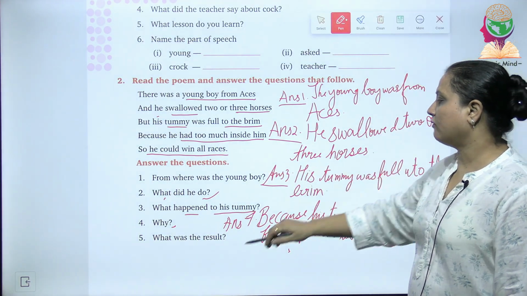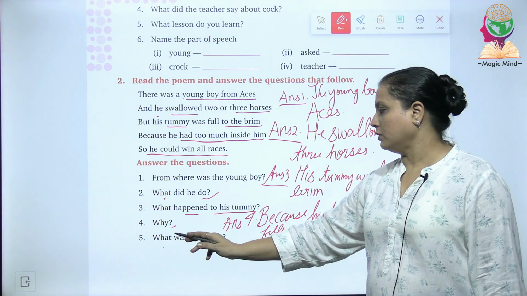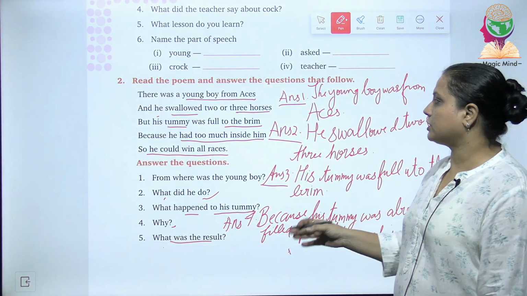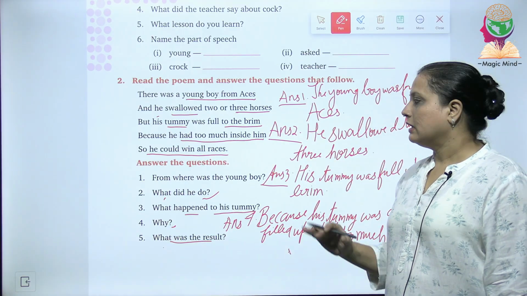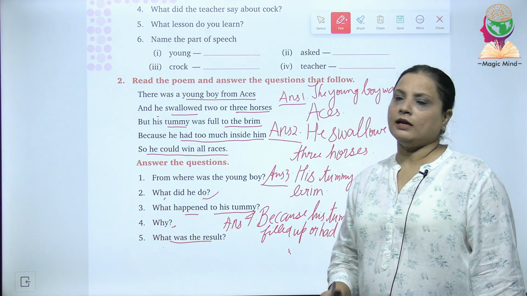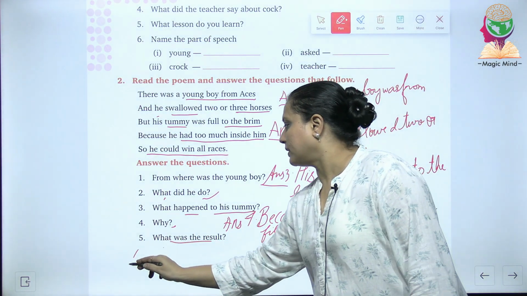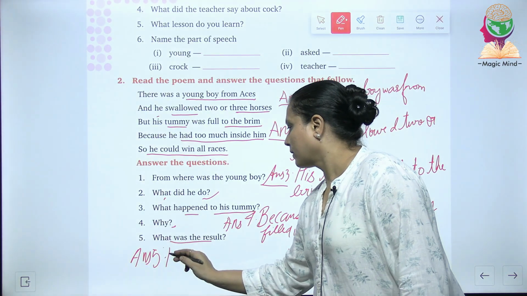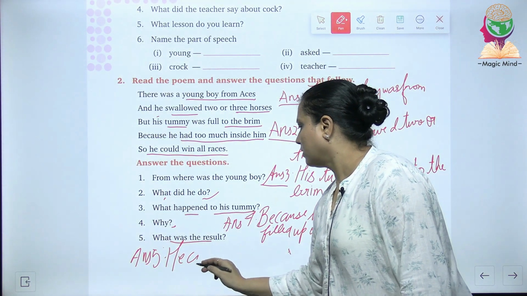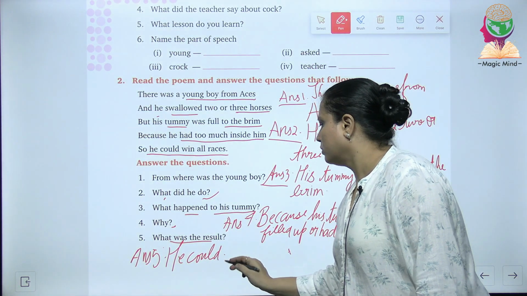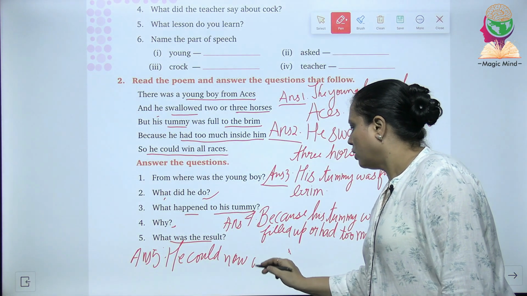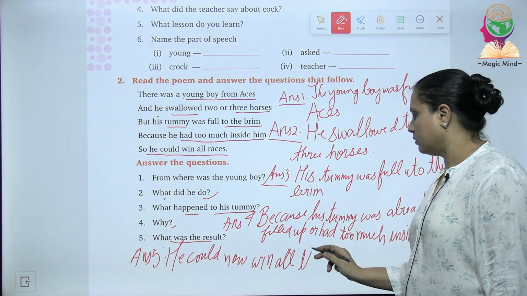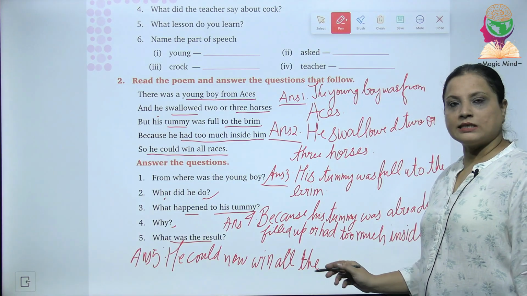Then we have the last question. What was the result? Then what was the result for all this? That he could now win all the races. So we will begin with the answer as he could now win all the races.